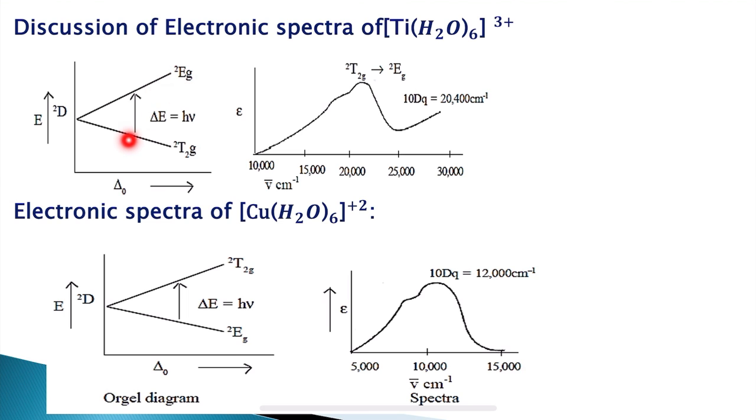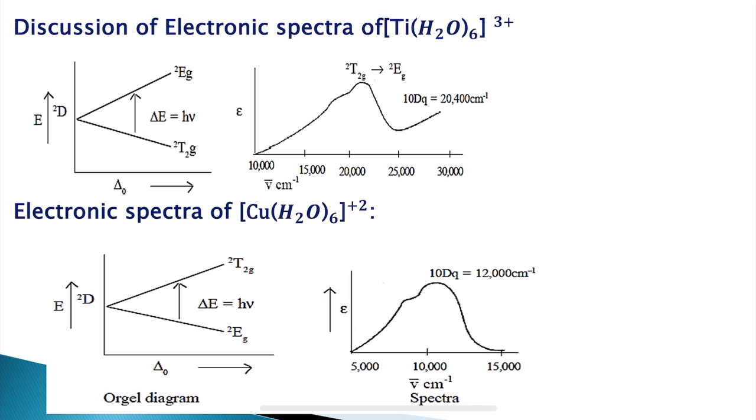This is the Eg orbital. From ground state to excited state, the electron is going to be transitioned. The energy gap delta E depends on the strength of the octahedral electrostatic crystal field potential, which is generated by the 6 water molecules. Okay.